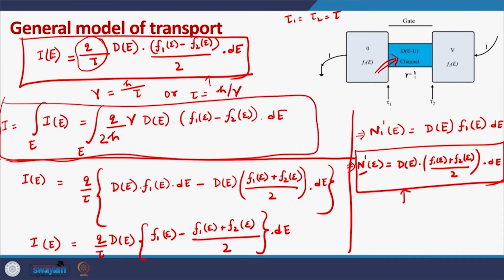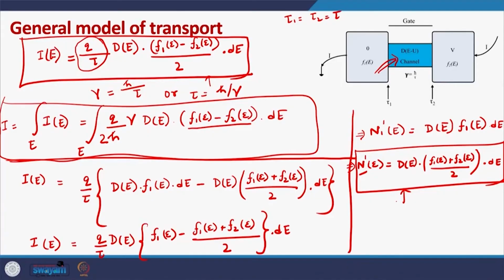Intuitively speaking, the steady state electronic concentration depends on the average of the Fermi functions, (F1(E) + F2(E))/2, and the steady state current depends on the difference of the Fermi functions, and that is also what we discussed intuitively. What we discussed was that if we plot the band structure or the energy level scheme of the device, this is EFS, EFD, and these are various states in between.